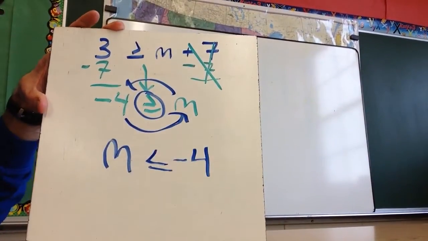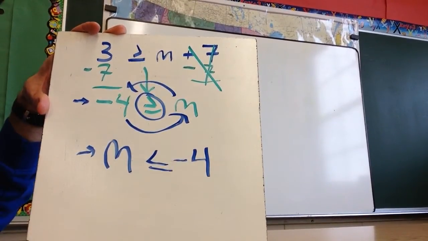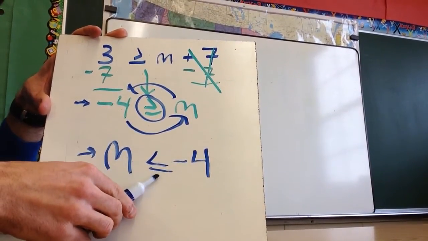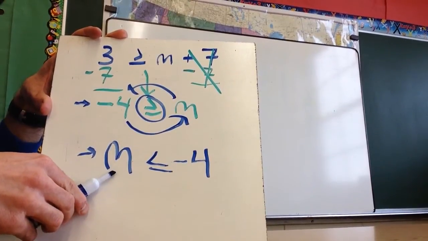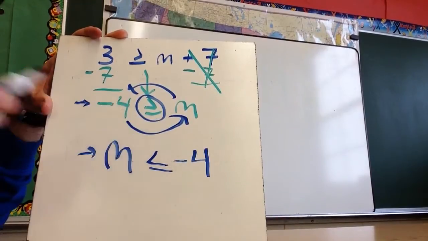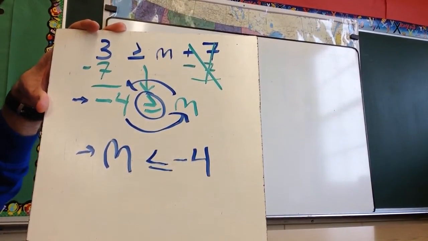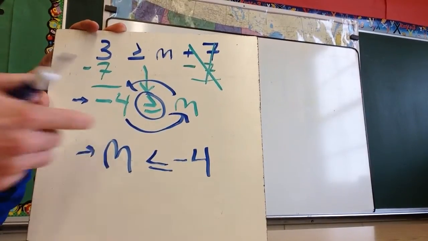Okay, and now the key thing here is as you go from this step to this step, you want to make sure that you're not changing what it says. So if you forget to change this sign, you suddenly change what m is. So negative 4 is greater than or equal to m. So if negative 4 is greater than or equal to m, we need to think of numbers that might work for m here.